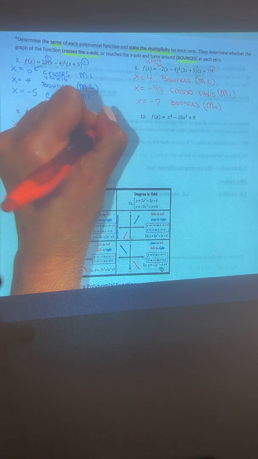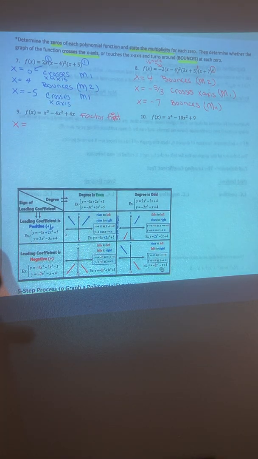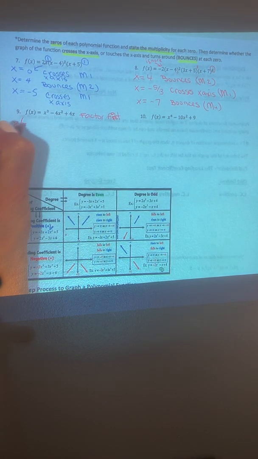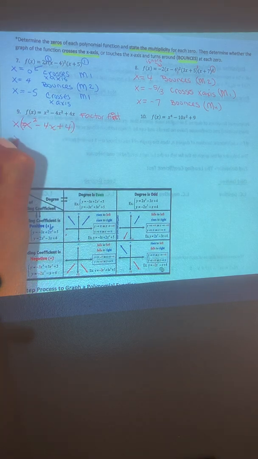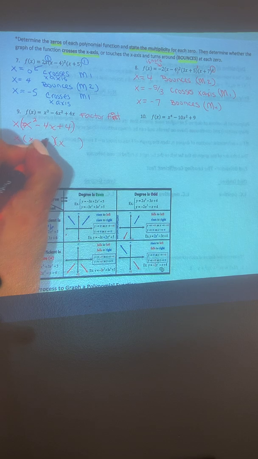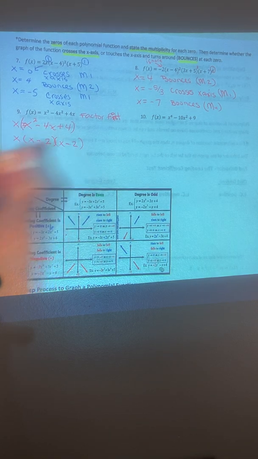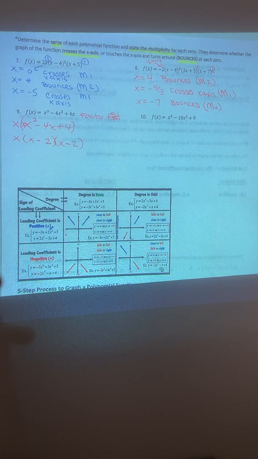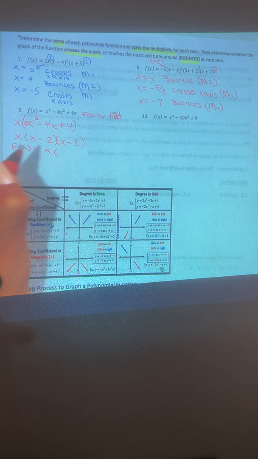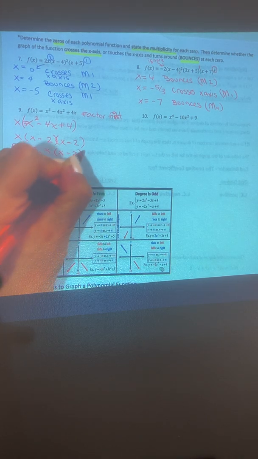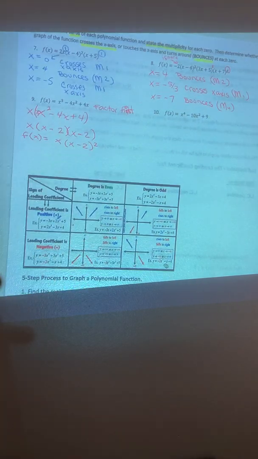So I need to take out a greatest common factor, which would be an x. x squared minus 4x plus 4. And now I'm left with x and x, 2 and 2, minus, minus. So final answer, f of x equals x times (x minus 2) to the second power, right?